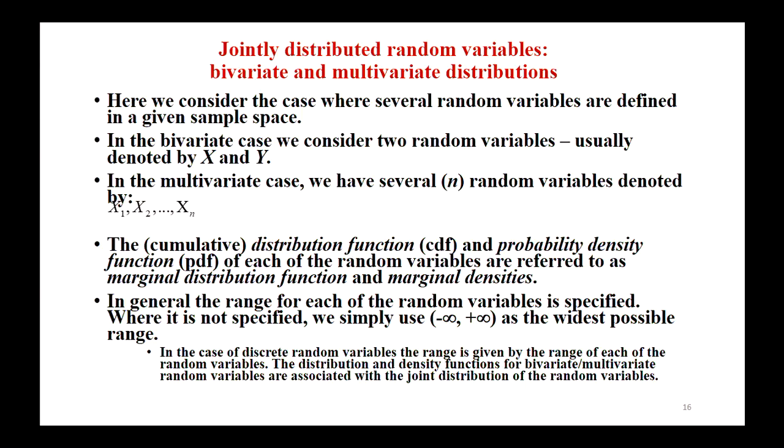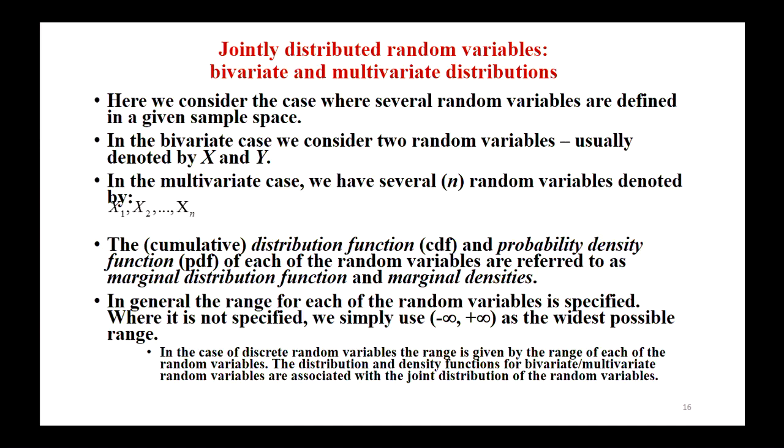You can also have a marginal CDF or marginal distribution function. In general, you won't usually see the range for the random variables being specified. Where it isn't specified, just consider minus infinity to plus infinity. So when you're working with integrals, if you don't know the range a random variable takes, just put in minus infinity to plus infinity.